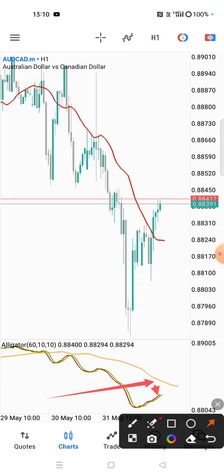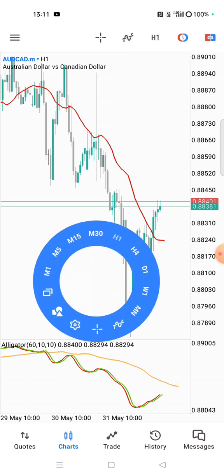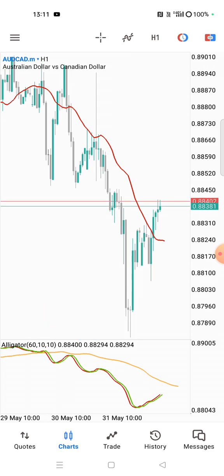Once this has crossed, you have to look out for some method too. This is only 2 indicators, but you have to use a bit of trading knowledge.